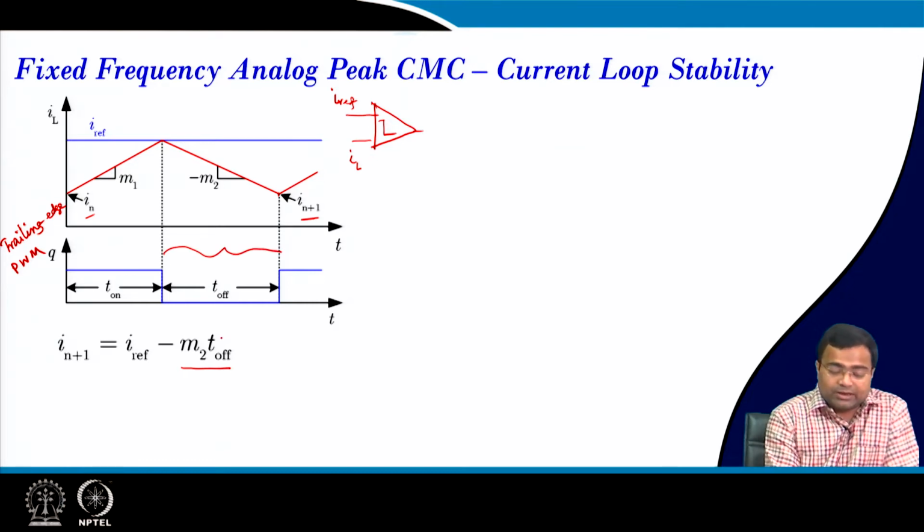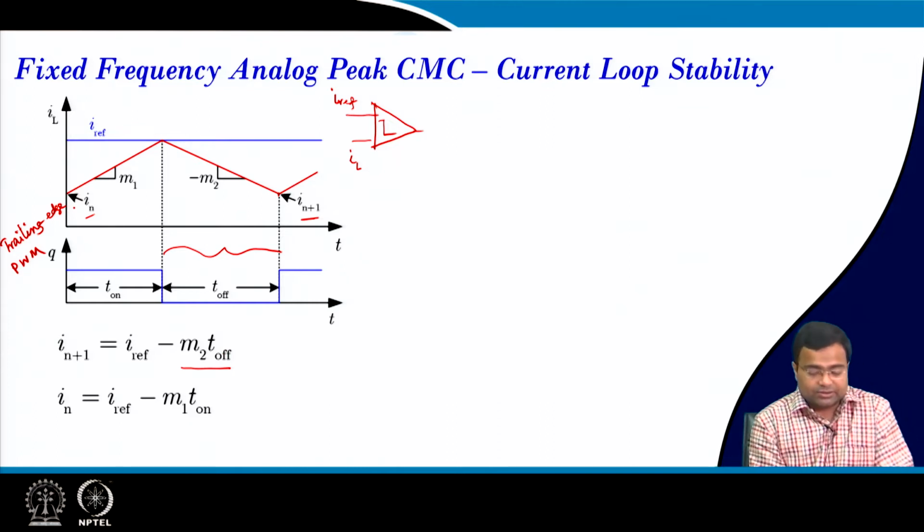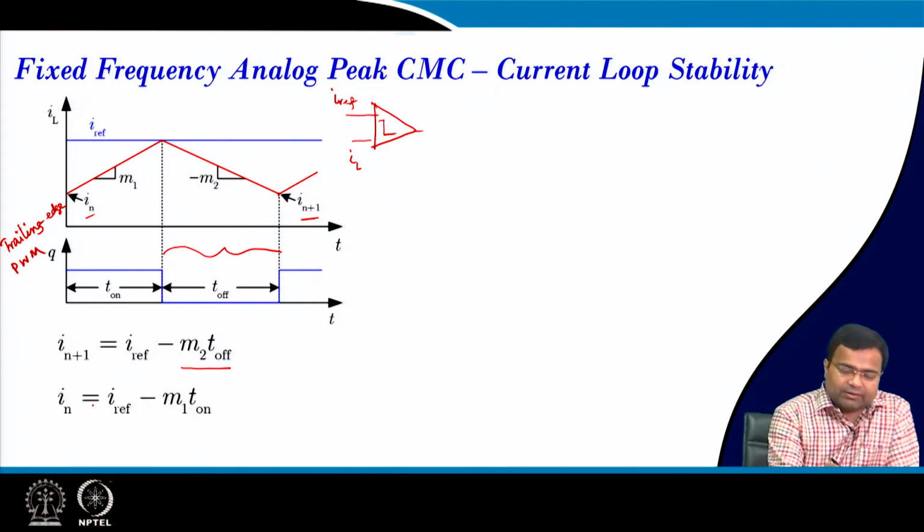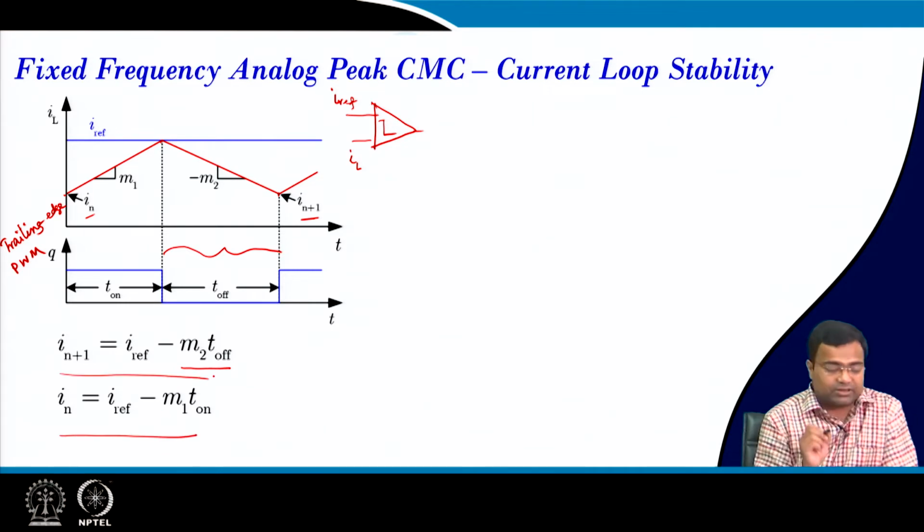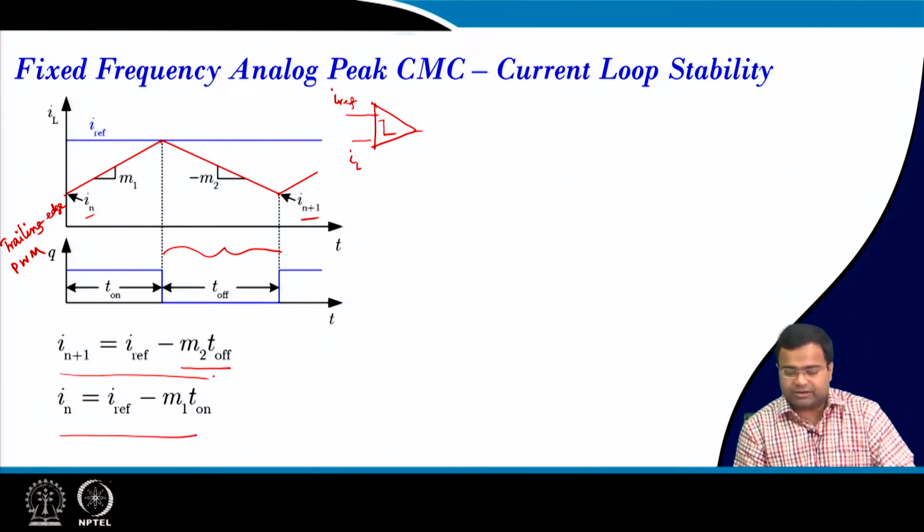Then we need to find how T off can be represented in terms of In. So again we can write another equation, that In, which is this current, is equal to Iref minus M1 T on. These are the two equations, and how do you relate them?